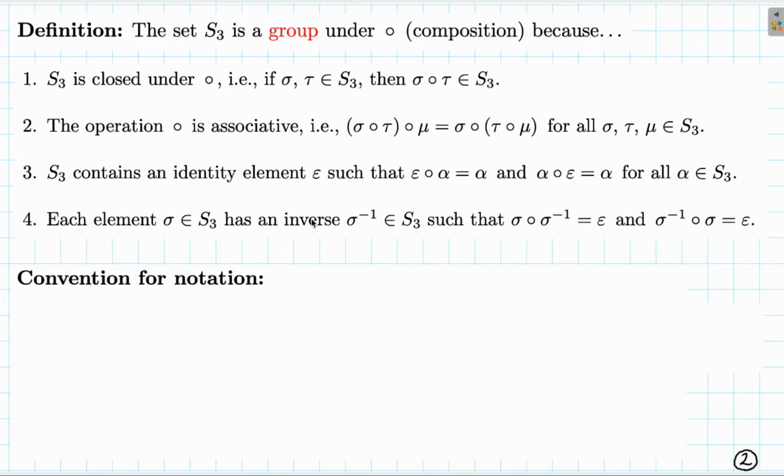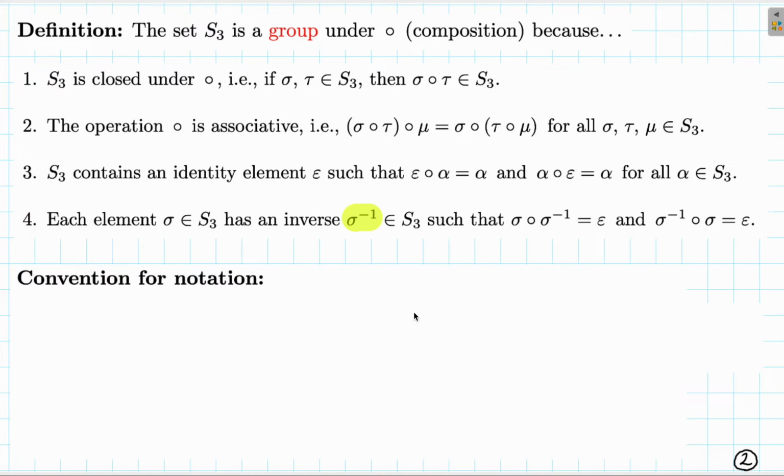And fourth, but certainly not least, each element sigma in S3 has an inverse element that's also in S3. And typically we denote it as sigma inverse, such that when we compose them together in either order, so sigma composed with sigma inverse or sigma inverse composed with sigma, both of those would equal epsilon.